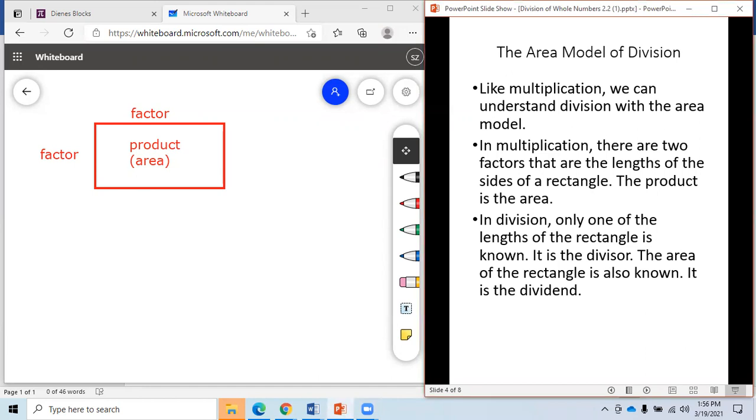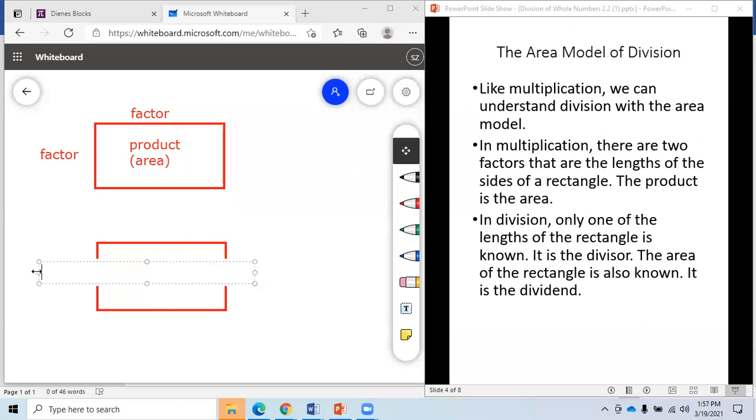In division, only one of the lengths of the rectangle is known. So let's draw this one and see what we have. The one length that we know is known as the divisor.